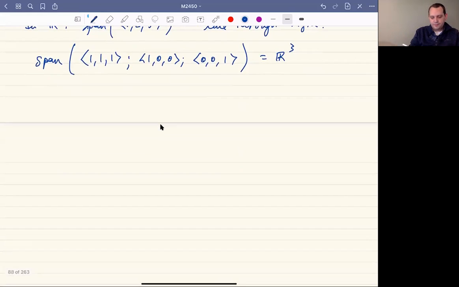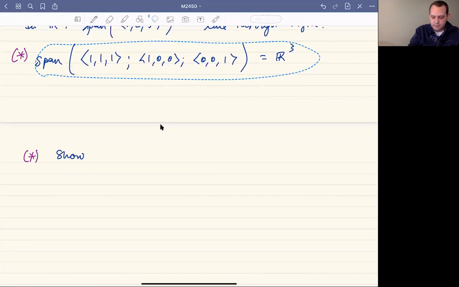Let's prove that. So this purple star is what we'll do for the rest of the video. Let's show that the span of this set is going to be R3.